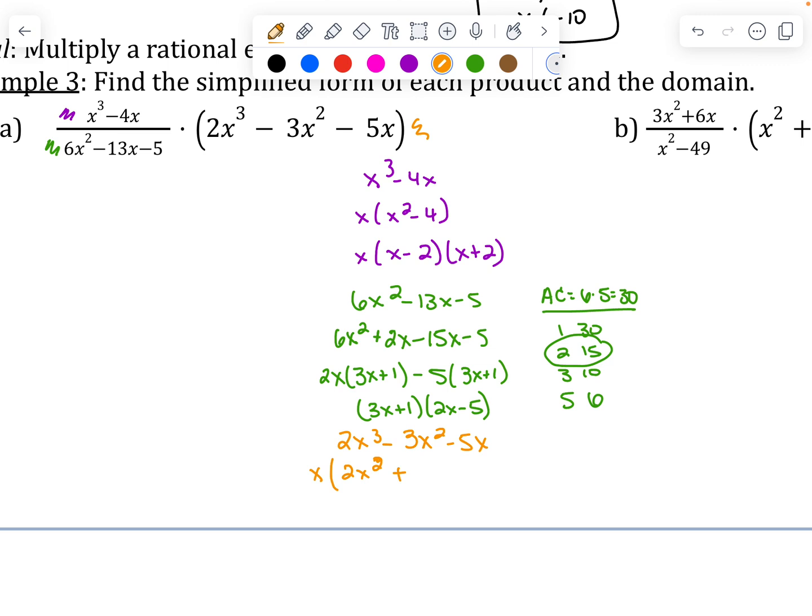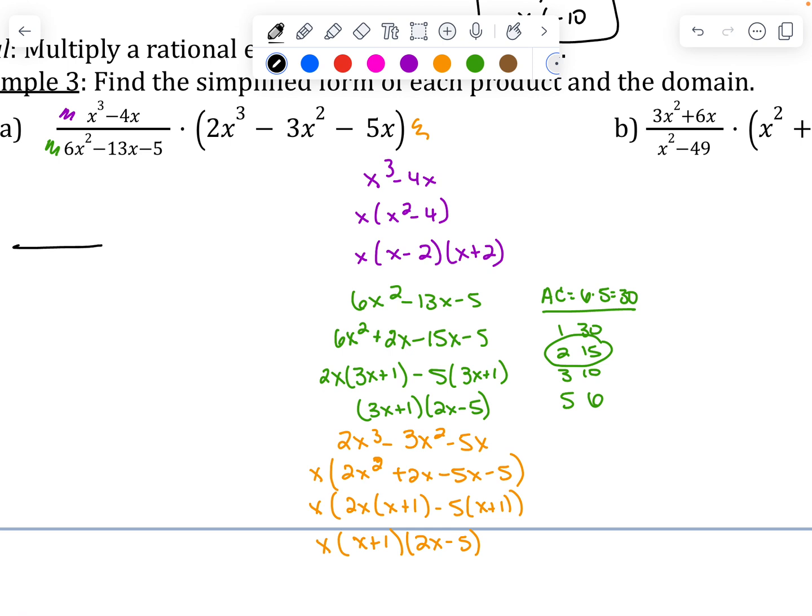That's obviously going to be the 2 and the 5. So like I said, you're going to get real good at factoring.